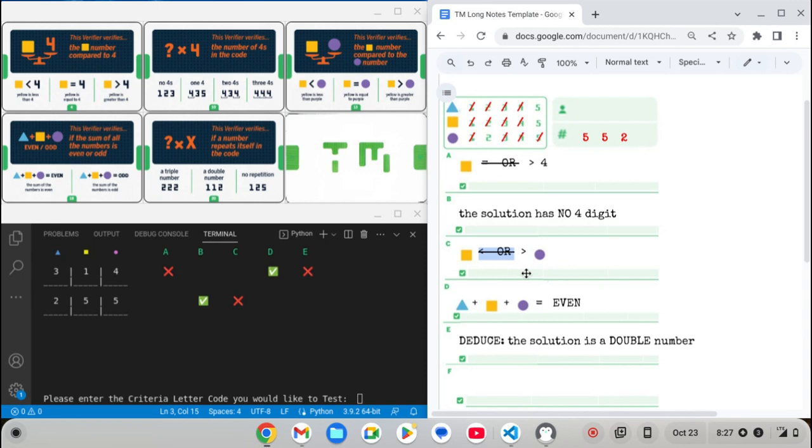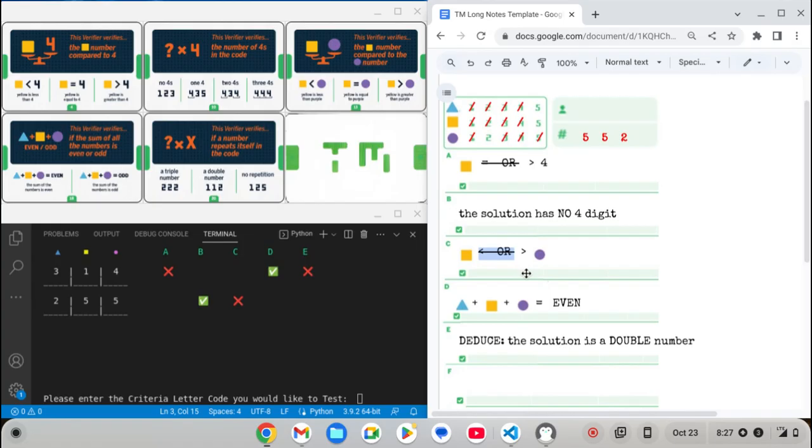All right, so let's review the criteria card versus the proposal of the solution. Is square greater than 4? Yes, that middle digit 5 is greater than 4. There are no 4s, that's correct. Square is greater than circle, it is.